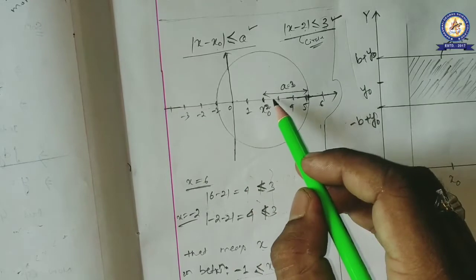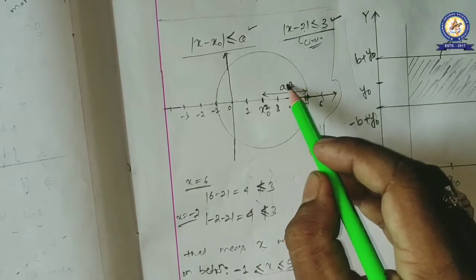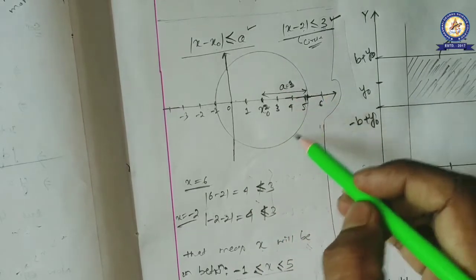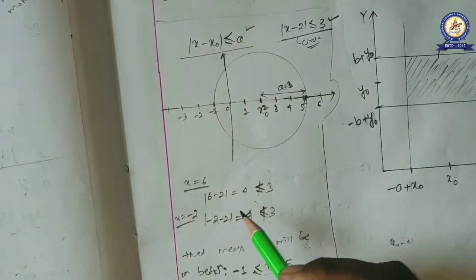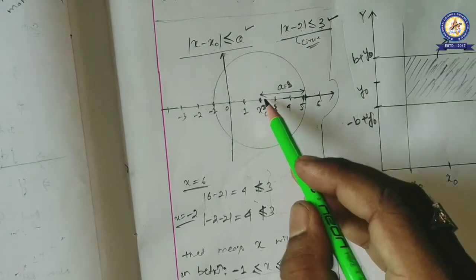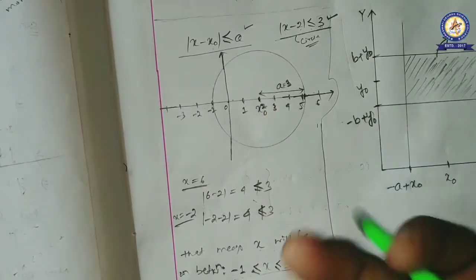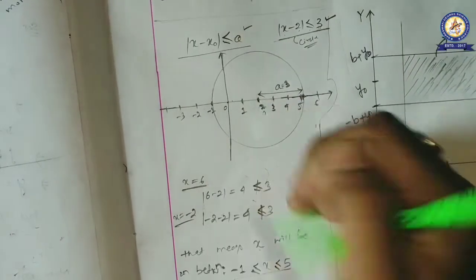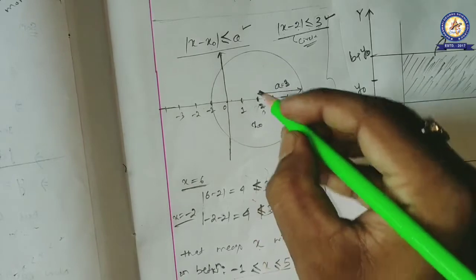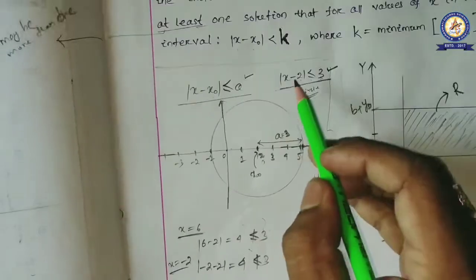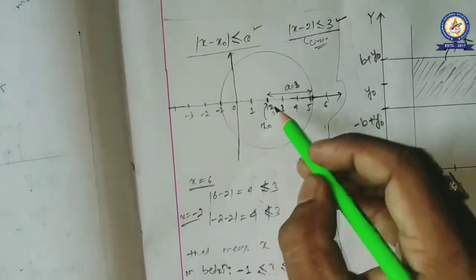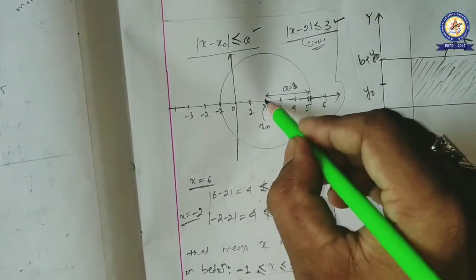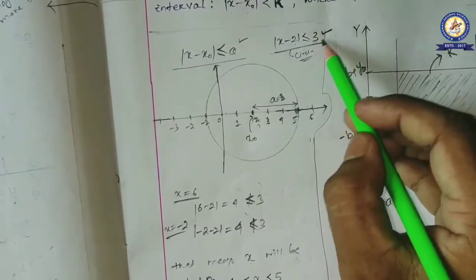So having a as the radius, if I draw the circle with center at x equal to 2, this is also called x0, right? If I compare this one with this one, here x0 equal to 2. So x0 is considered as the center and this one is considered as the radius.